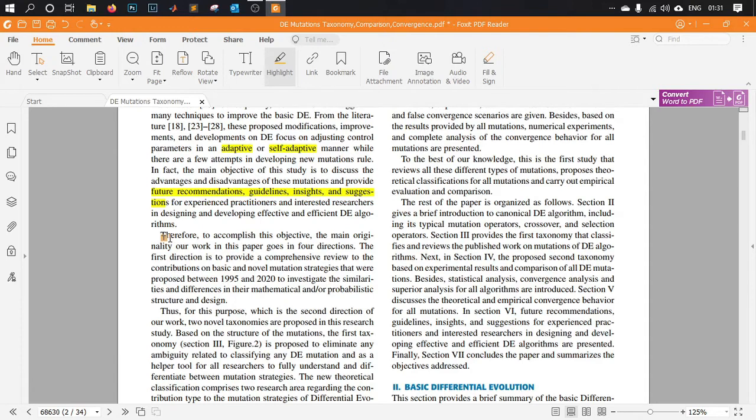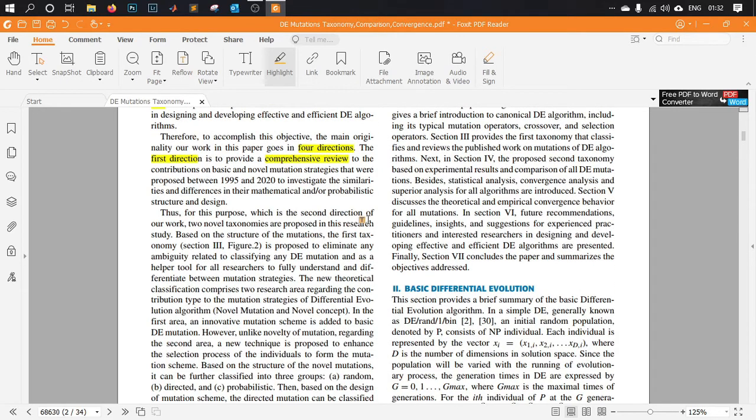So here it says that the main originality of the paper has four novel things. First, it provides a comprehensive review. Second, it provides two novel taxonomies. So what are these two novel taxonomies?